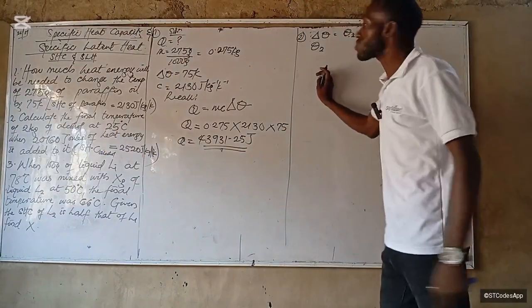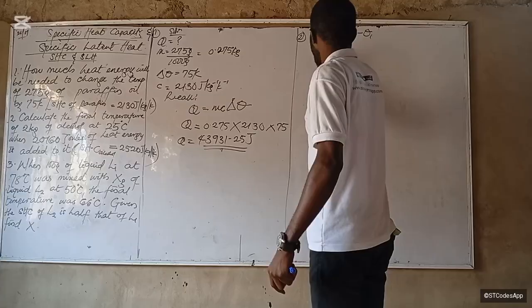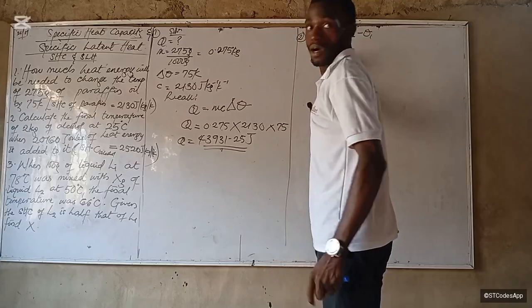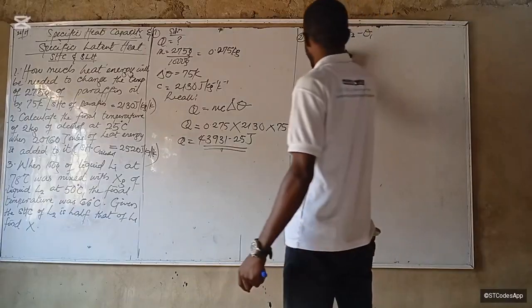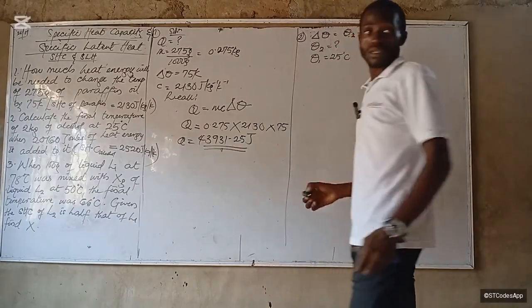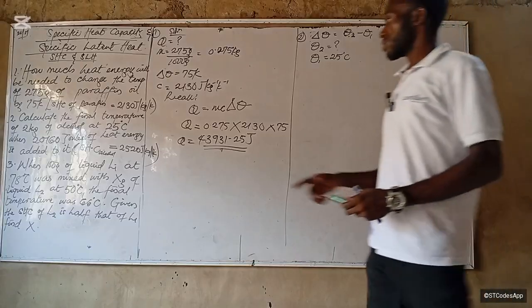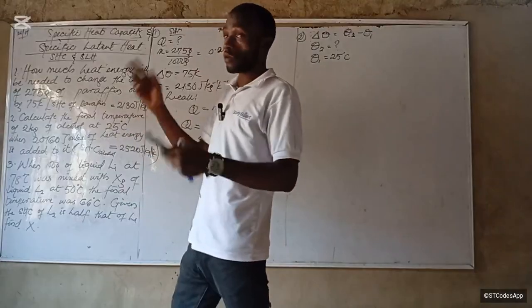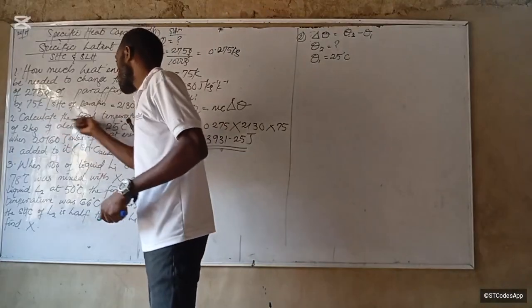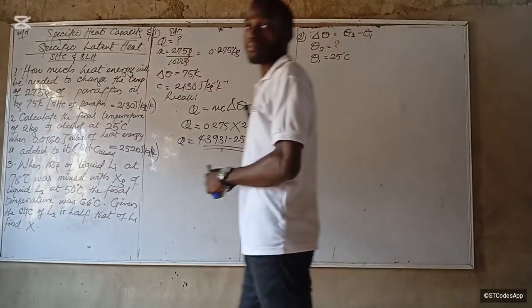That's theta 2. We don't know theta 2, so it means we must have been given theta 1. What's theta 1 here? 25 degrees Celsius. But let's read through before we start jumping. Calculate the final temperature of that mass.